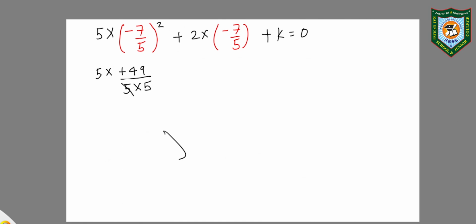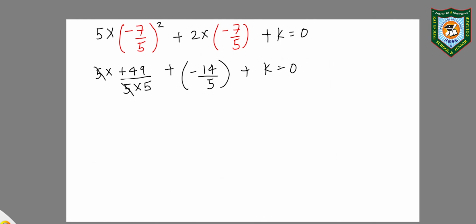And one 5 can cancel with the 5 in the numerator. Now plus 2 into minus 7 by 5. So instead of writing this again, we'll just multiply 2 and minus 7. That becomes minus 14 by 5. So this is minus 14 divided by 5 plus k is equals to 0.